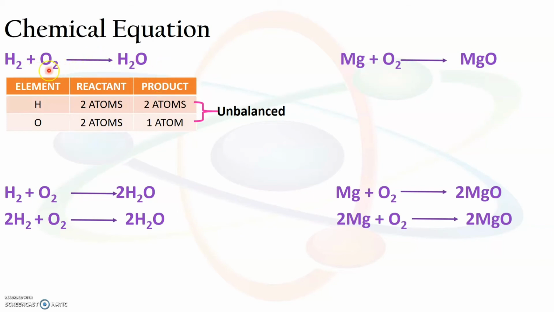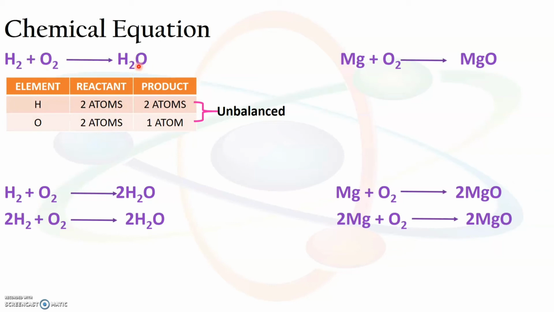Which means here in case of oxygen, on the reactant side there are 2 atoms, but on the product side there is only 1 atom of oxygen. So you can only add 1 more oxygen atom here on the product side in order to make the number of atoms of oxygen on the reactant side and the product side the same.